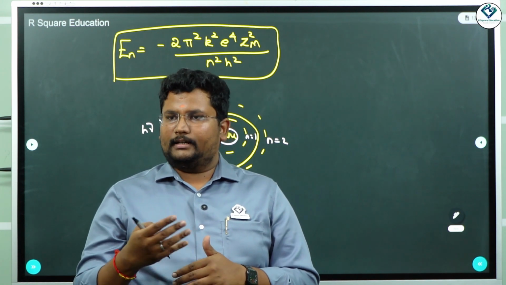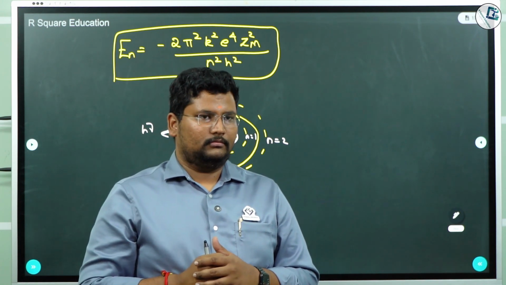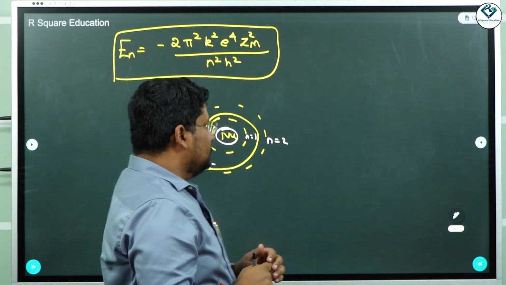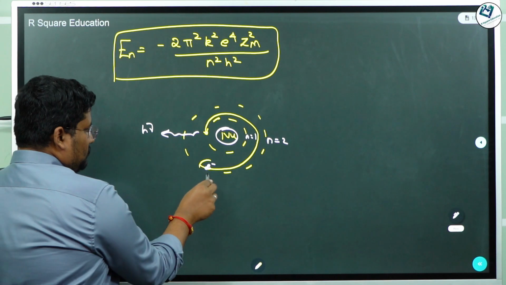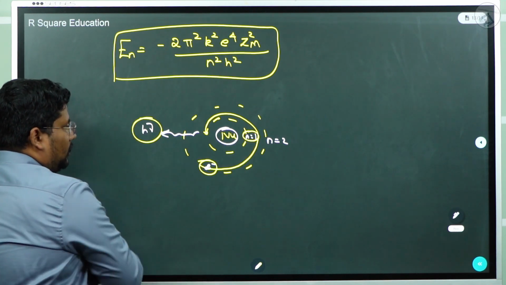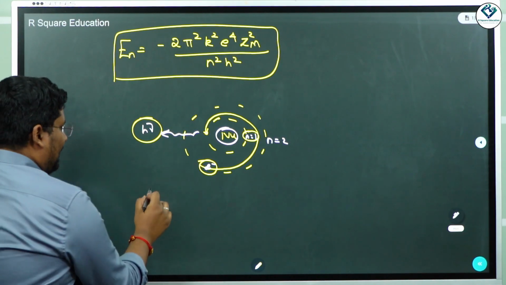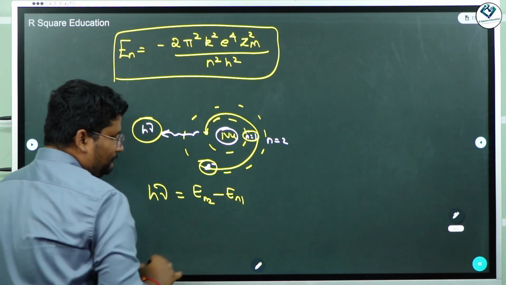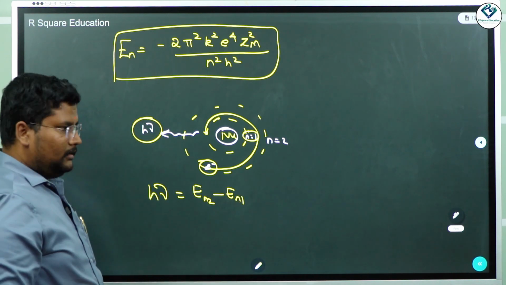So what is nu? c by lambda. So wavelength matters a lot. Correct? Okay. So when the electron goes from n2 to n1, it is going to release a photon of h nu, as we said. So can I write h nu is equal to E_n2 minus E_n1? Correct?